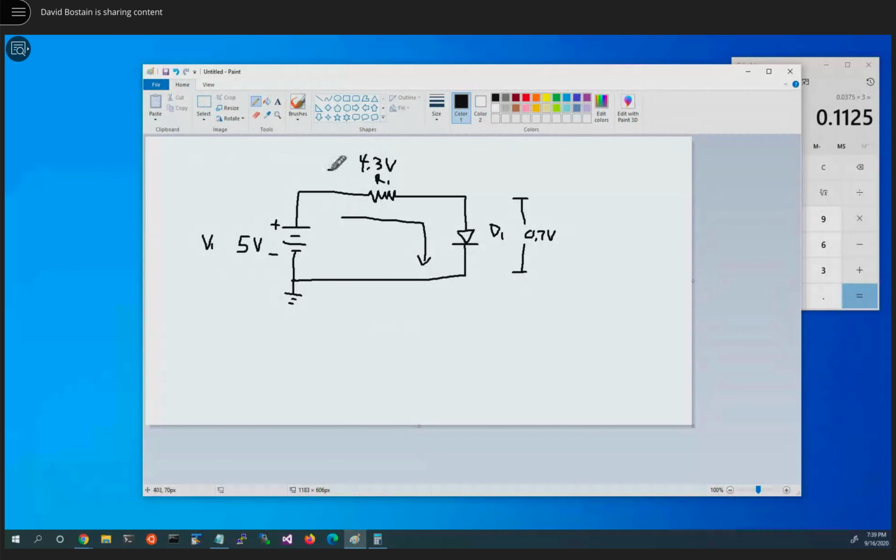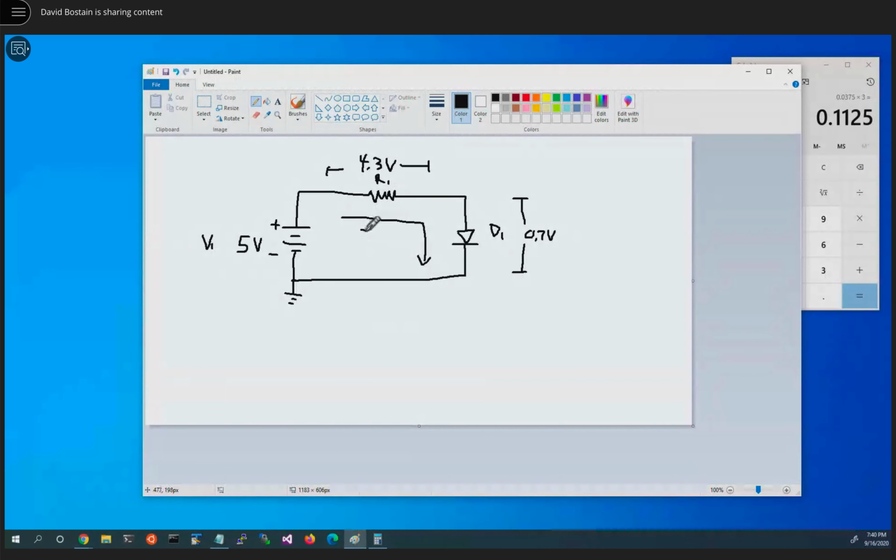Now we have a voltage drop, we have a current flow, and we have a resistance. If we're given either the current flow we want or the resistance we have, we can compute what the value of the other one has to be. So let's assume for a second that we knew what the current we wanted was.